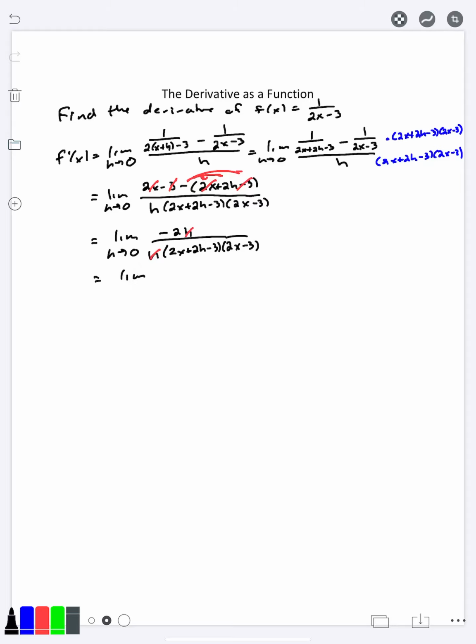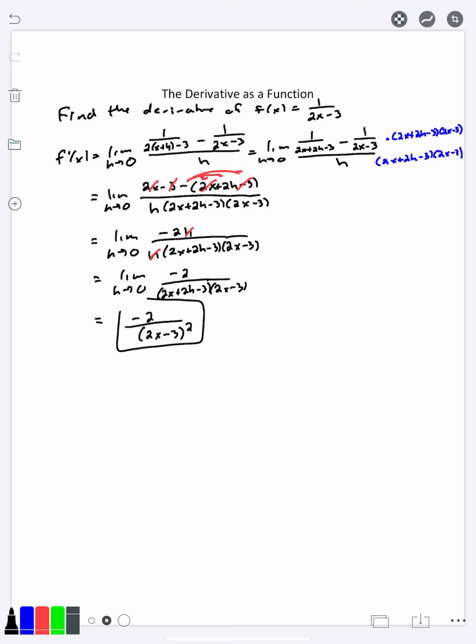And we're going to have the limit as h goes to 0 of negative 2 over (2x plus 2h minus 3)(2x minus 3). And finally, we can plug in h equal to 0. And it's going to work out to be this right here. So again, as you can see, the algebra gets pretty annoying on some of these problems. But if you follow the steps, it will work out.